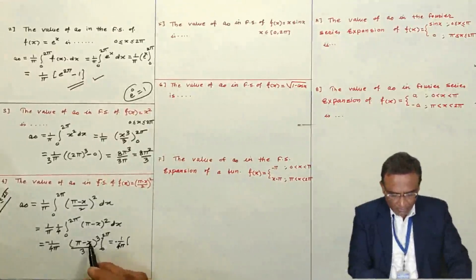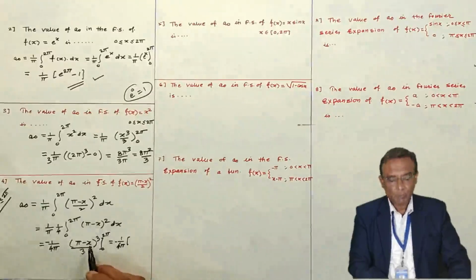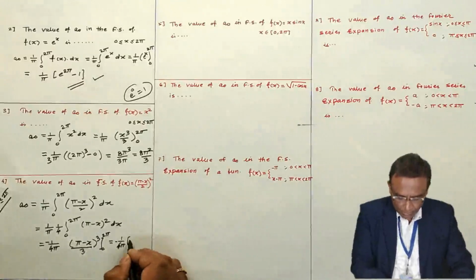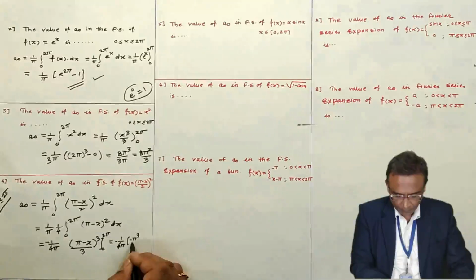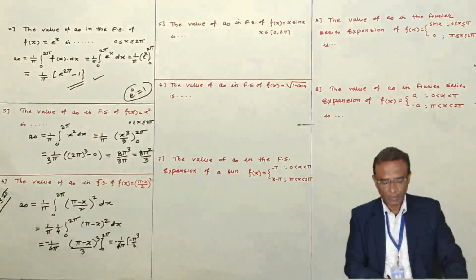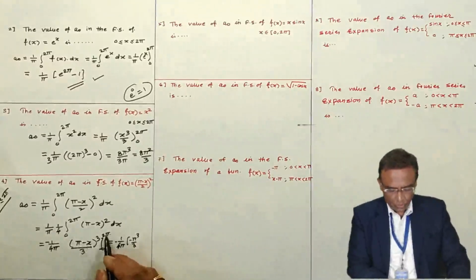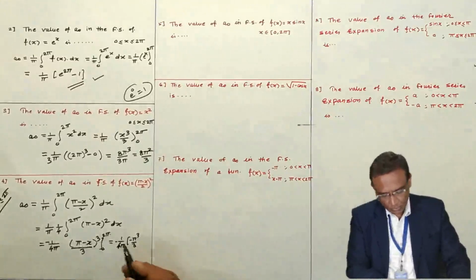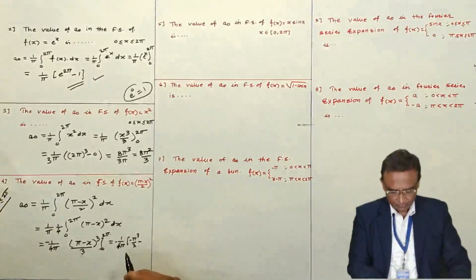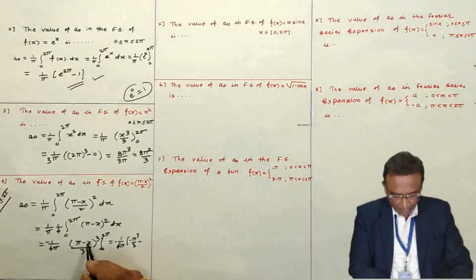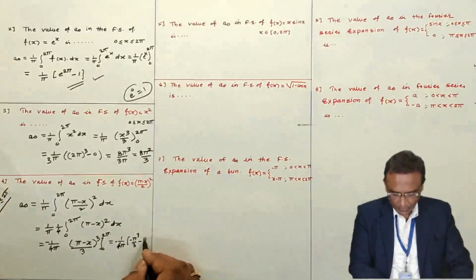Put x equal to 2 pi. Pi minus 2 pi is minus pi. Minus pi cube means minus pi cube by 3. Directly write. Pi minus 2 pi is minus pi, minus pi cube is minus pi cube by 3, and 3 you can take outside if you want. Minus lower limit: pi minus 0 is pi cube by 3.